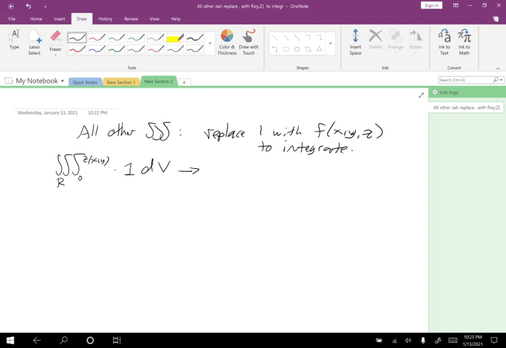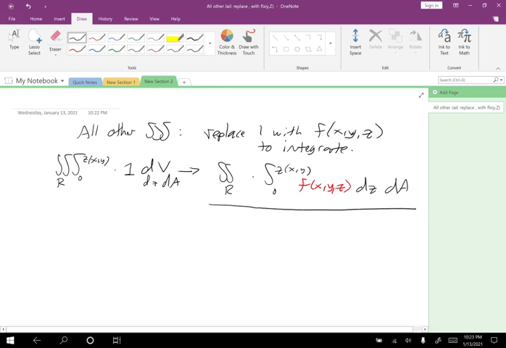We're going to replace that. Remember, this was dz dA. Now we're going to replace that with the integral over r times the integral from 0 to z of xy, and instead of the 1, now we're going to add f of x, y, z. And everything else is the same. Really, the only difference is this step here, the z integral.